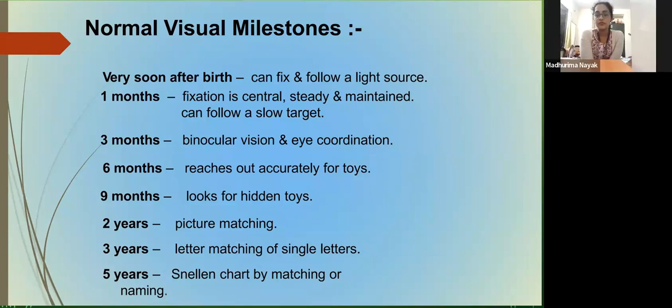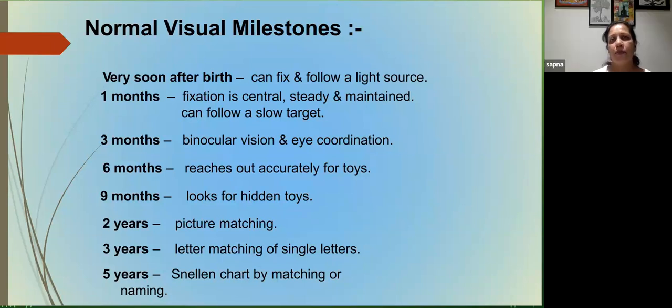Yes, ma'am. Like how ma'am asked, even in microtropia, you may not have any movement during the cover test. So we do a four prism base out test. This is another way of testing. If you're not able to do a cover test in kids, instead of doing a four prism base out test as we do for microtropia, you can do a 10 prism vertical base up base down test.